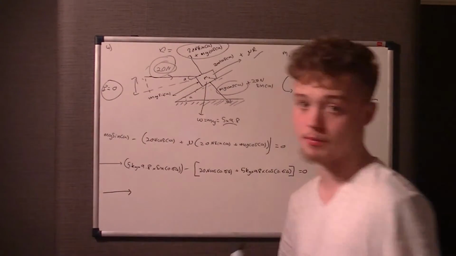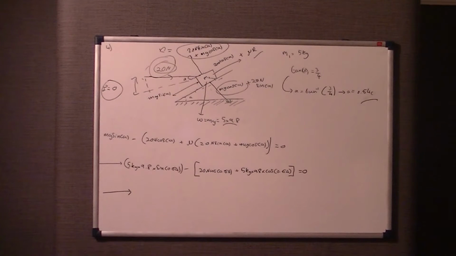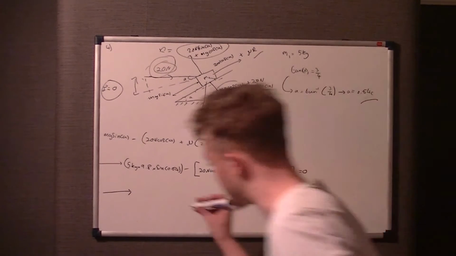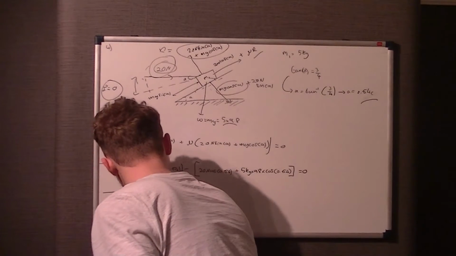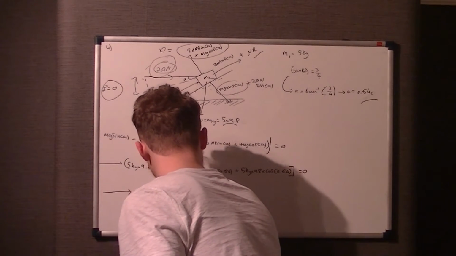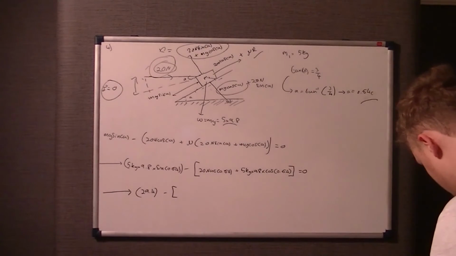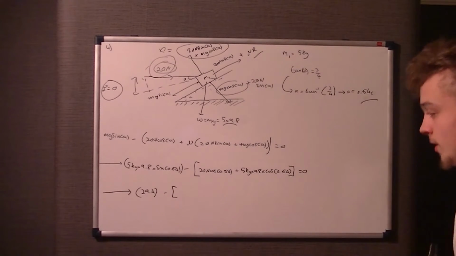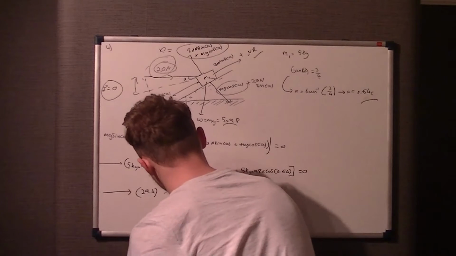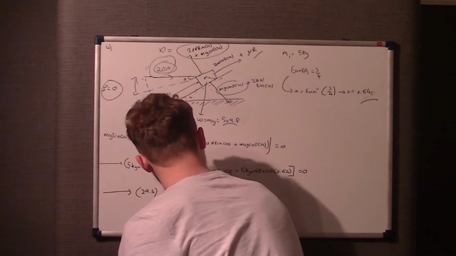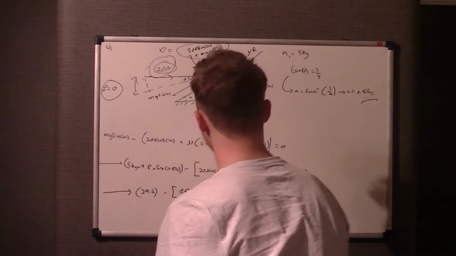So you carry on this line, you work out what 5 kilograms times 9.8 times the sine of 0.64 radians is, which is 29.4. You take away from that 20 newtons cos 0.64, which just gets you 16, plus μ.